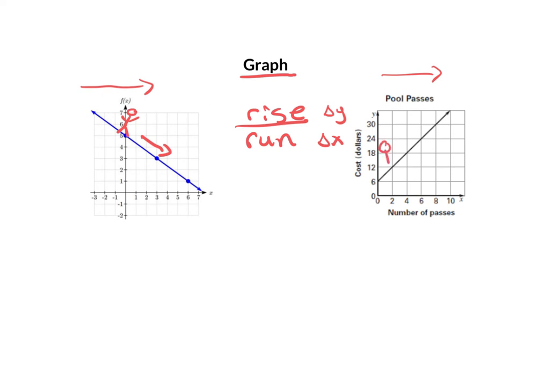If someone was walking this line left to right, they're going uphill. All right, so rise over run. What you want to do is find 2 points. Start at the left point, your rise meaning up or down. I'm going to go down 2 and right 3. So my rate of change is -2/3.